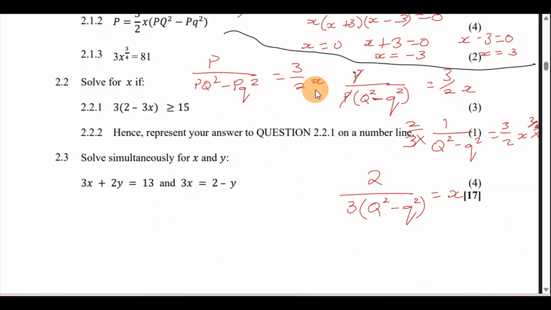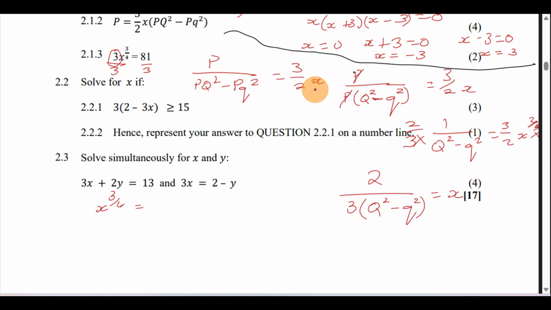Okay. Now we have 3 x to the power of 3 over 4 is equal to 81. The first thing we're going to do is divide by 3, because we only want to remain with the x and its power. We divide both sides by 3. Now we have x to the power of 3 over 4.